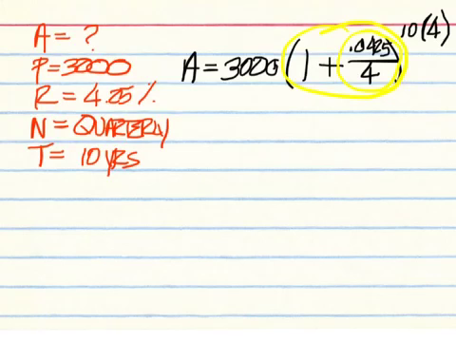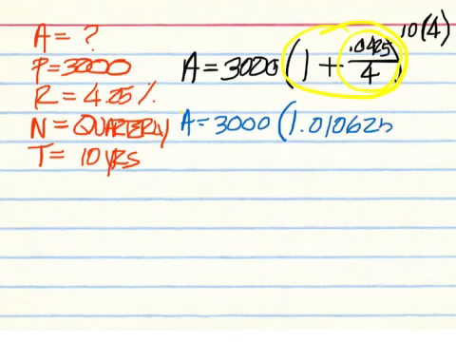You should get 0.010625 and add 1 to that. So you're going to come up with this so far. A equals 3,000 times 1.010625. And don't forget we have the 40th power outside there. 10 times 4 is 40.